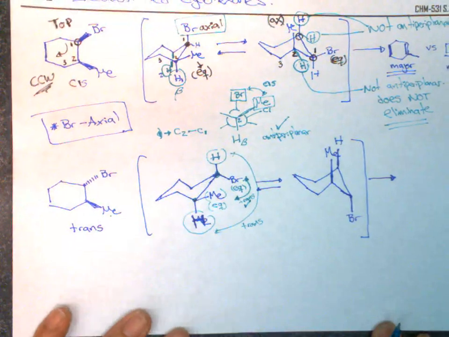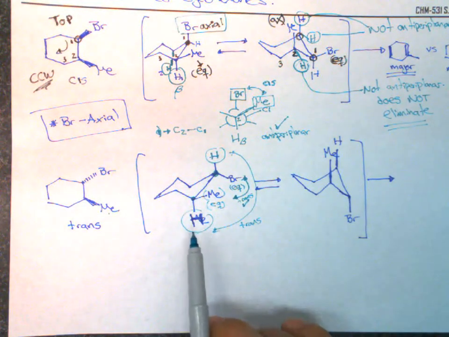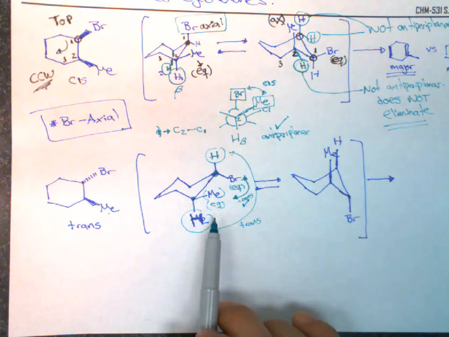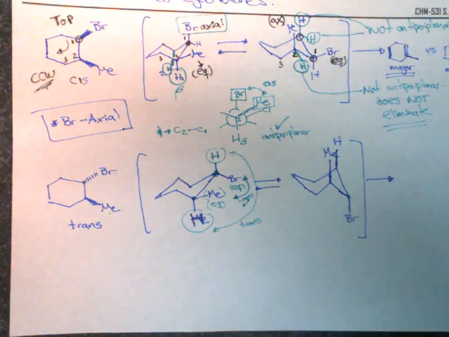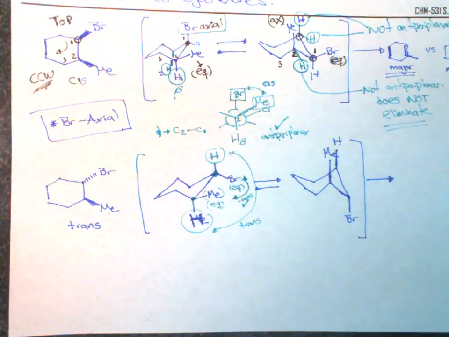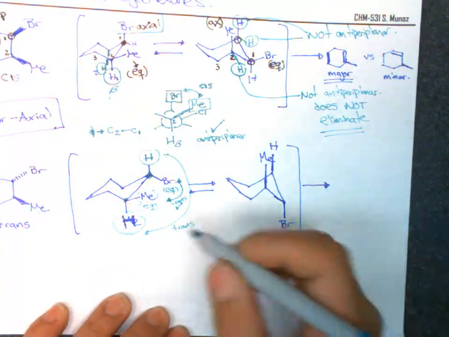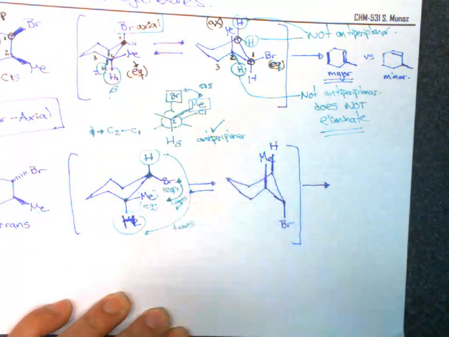Now, can I start looking for which beta hydrogens I'm going to eliminate here? No. Why? Bromine is not axial. We know that's a requirement. So let's do a chair flip and let's see where we end up. After the chair flip, again, do not swap the carbons with substituents.